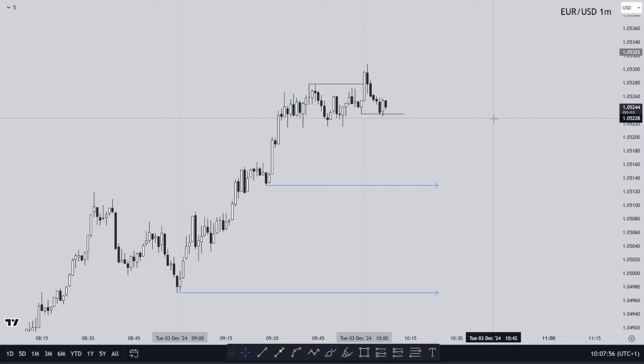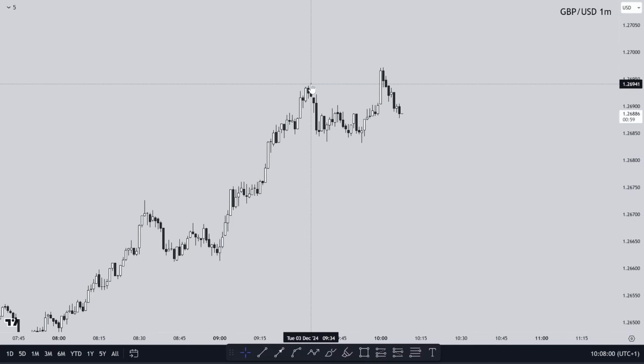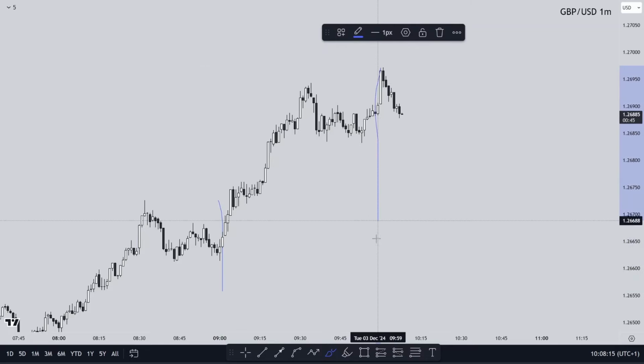And I think that the same situation is right now on GU. As you can see, here we have the London opening, and this is the first hour of the day, movement to the upside, so now I can expect a kind of bearishness.